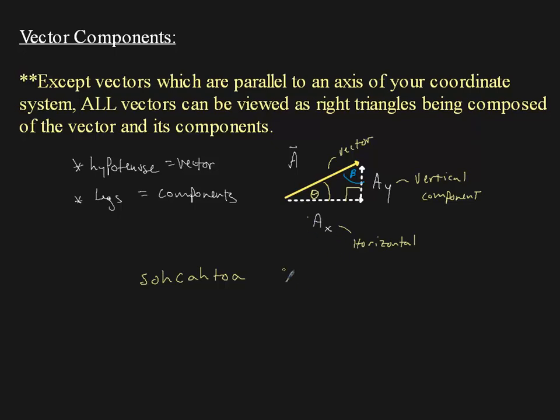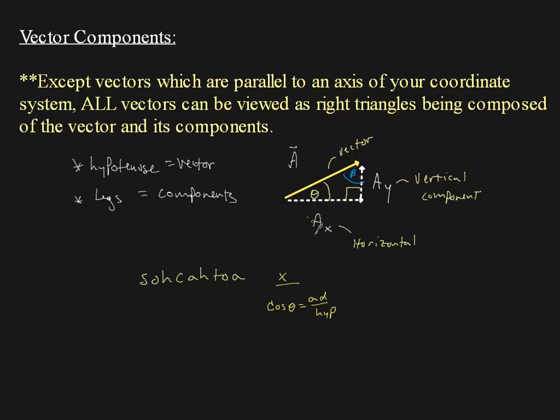In this case, if I want to find the x component, then the x component is going to be found using the cosine function. So we get cosine of theta is equal to the adjacent over the hypotenuse.